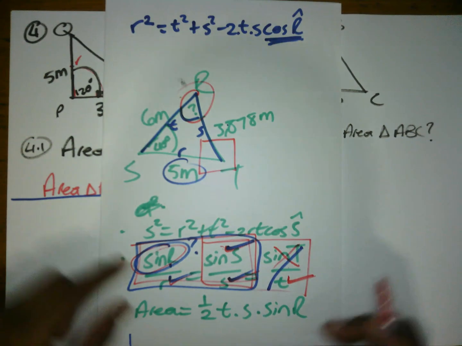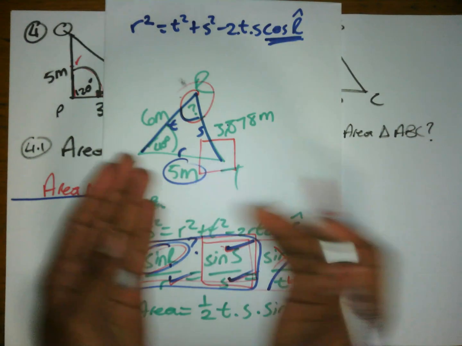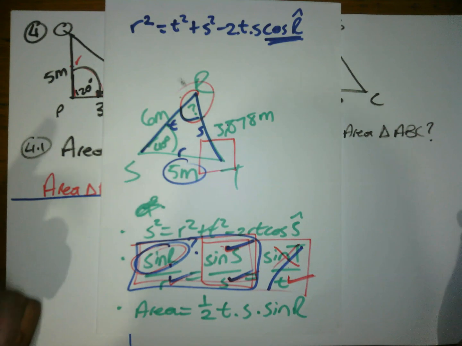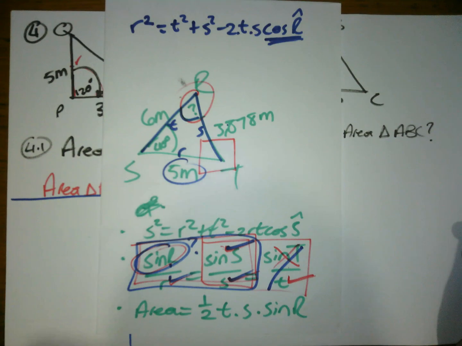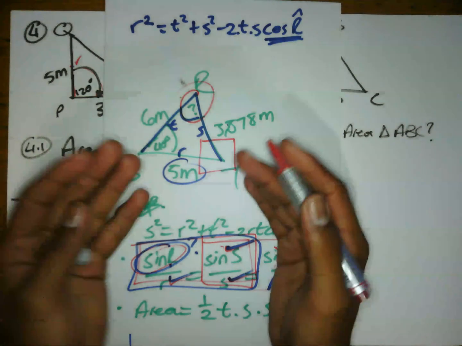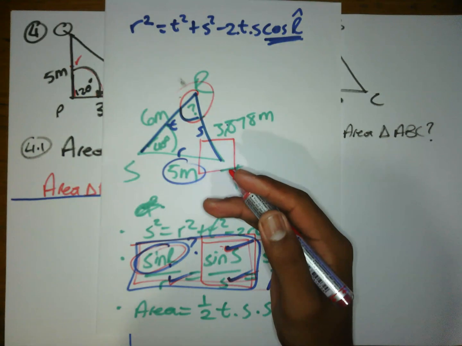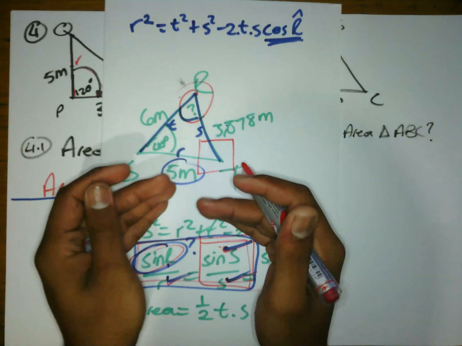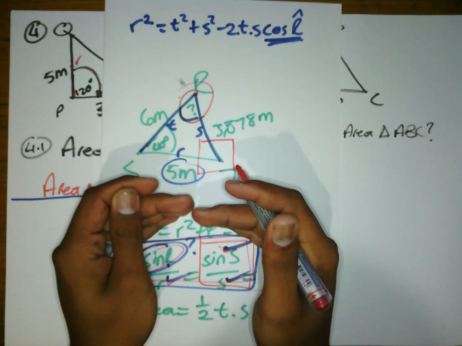I can't use this ratio here and this ratio here because I have two unknowns. I can't have more than one unknown in my formula to calculate the answer. So I could use these. I did use this example that I could use these two ratios here because I have one unknown, right?